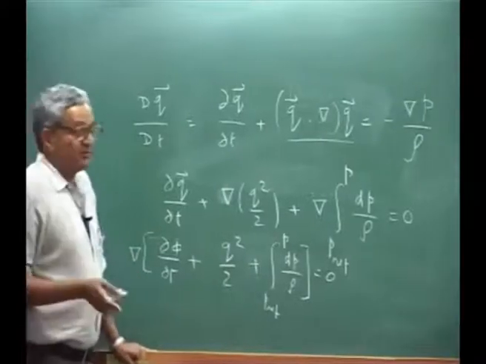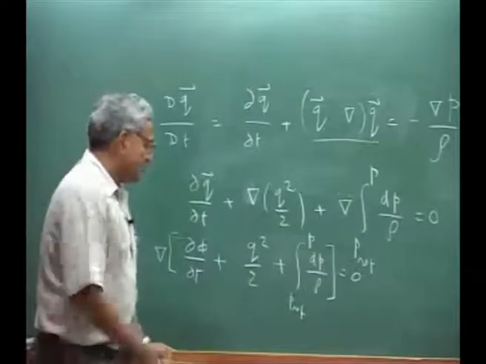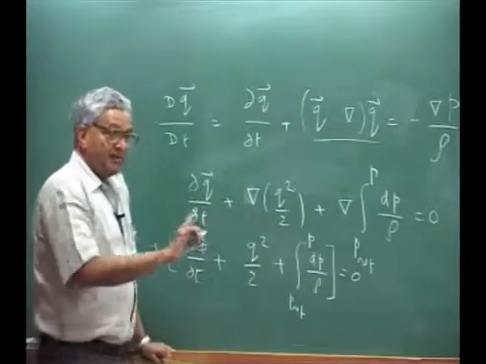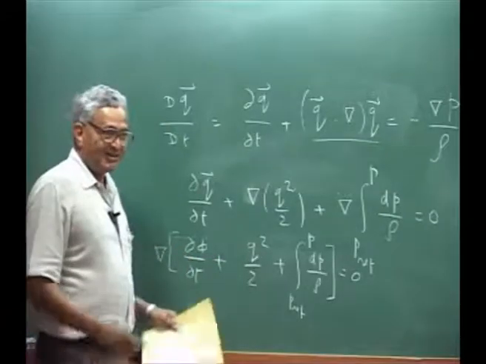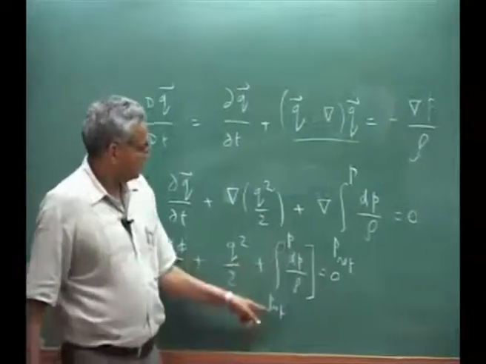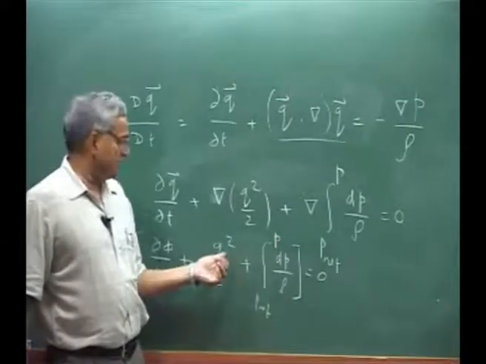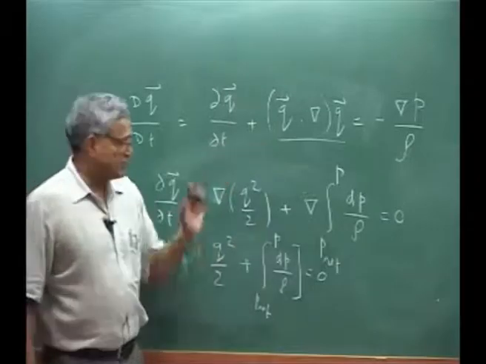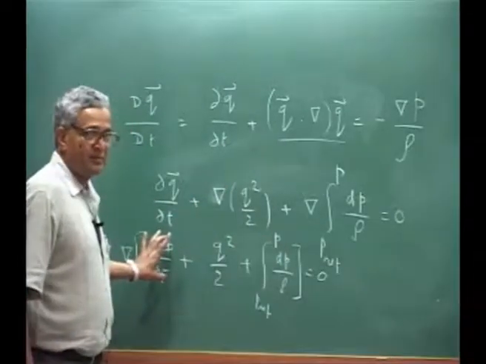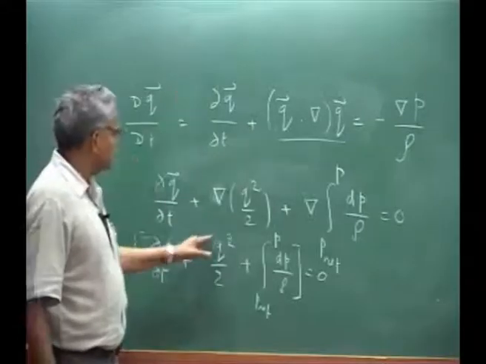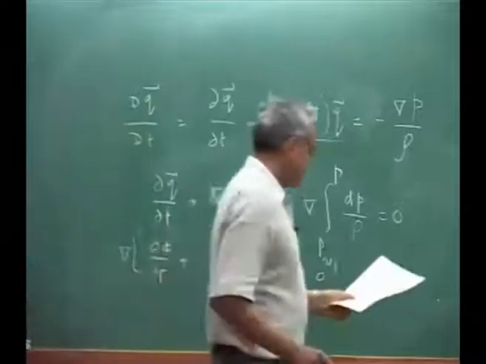That means it can only be a function of time, which you call another f of t. Then you will say, what is the condition at the far field? In the far field, p reference to p, this term goes to 0, and q becomes u infinity square. So essentially this term, if you apply it to the far field, is u infinity square over 2. So that is your equation.